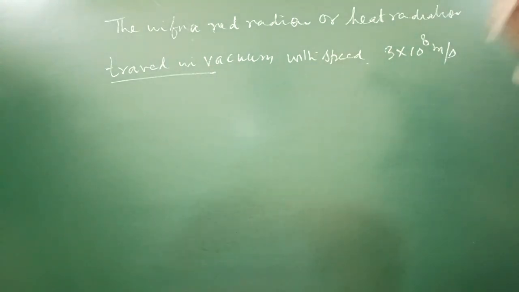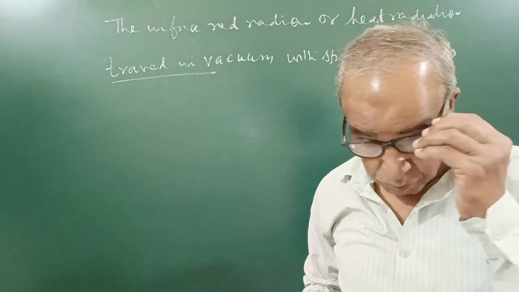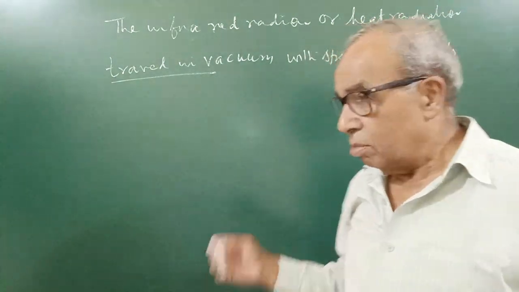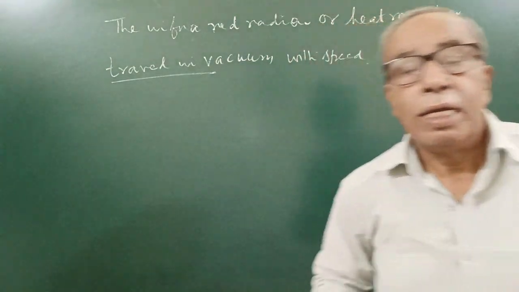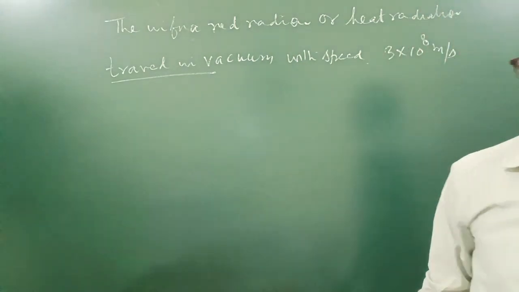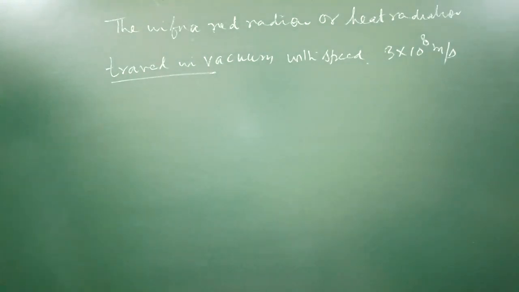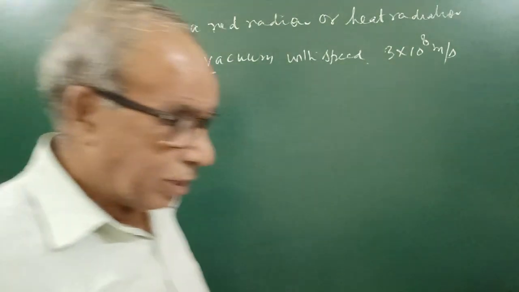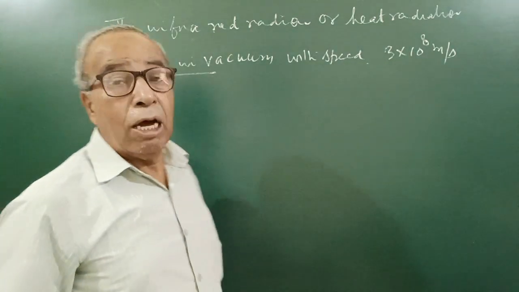But when heat radiation coming from the sun travels through air, the air is not heated directly. I told you that the medium has nothing to do with it. Then how does our earth become hot in summer and very cold in winter? This is a very important fact. There is a term, greenhouse effect.